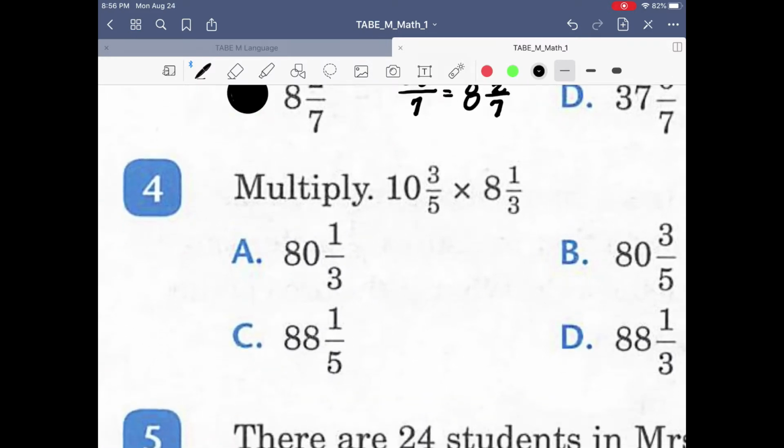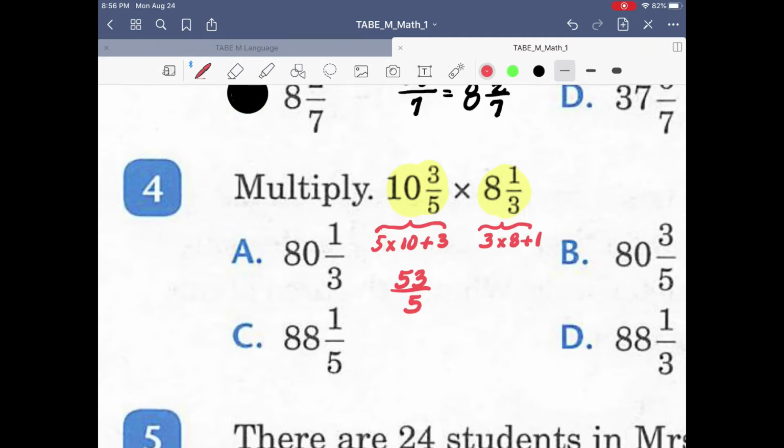Number 4, I have 10 and 3/5 times 8 and 1/3. So we have to convert those to the improper forms. 5 times 10, that's 50, plus 3, so 53, and you keep the denominator of 5. Then 3 8s are 24.